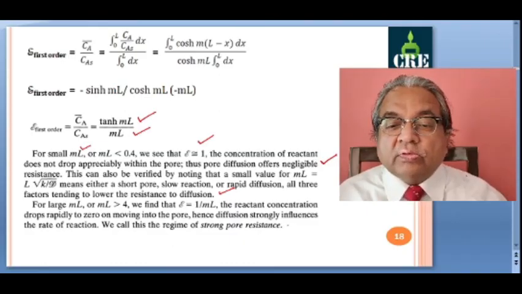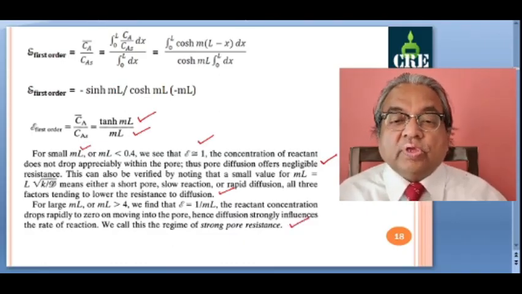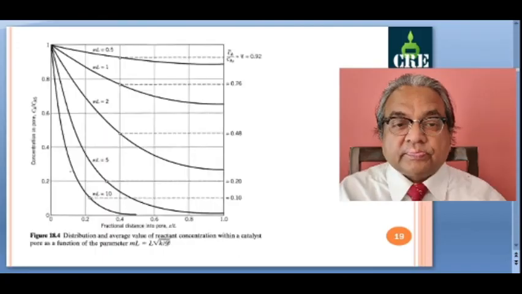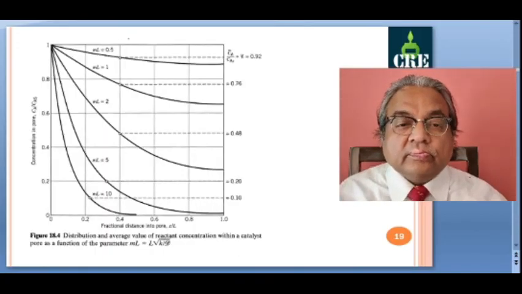So we have strong pore diffusion. Keep in mind, strong pore diffusion means large values of mL, and negligible pore diffusion means small values of mL. This mL value is also called the Thiele modulus.